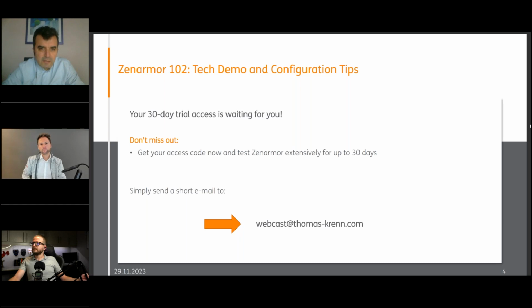ZenArmor queries an IP address or domain name firstly from our database, and if it's not in our database, asks the Bright Cloud database or our another provider according to license.